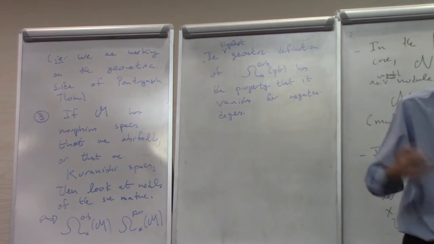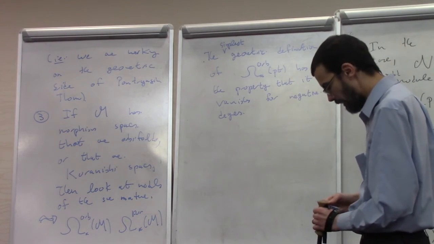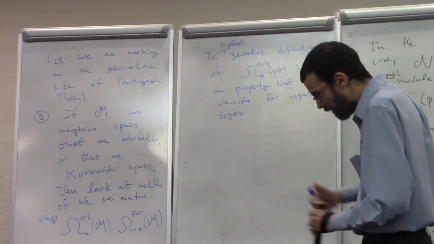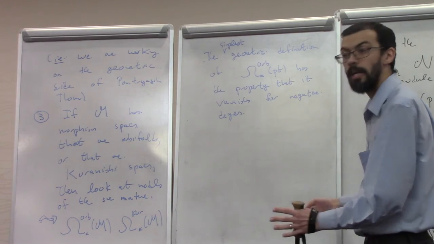You can just say, I'm going to look at orbifolds on the boundary, and if they're orbifolds like this, then there's an underlying manifold mod G. So for negative degrees, you get nothing.